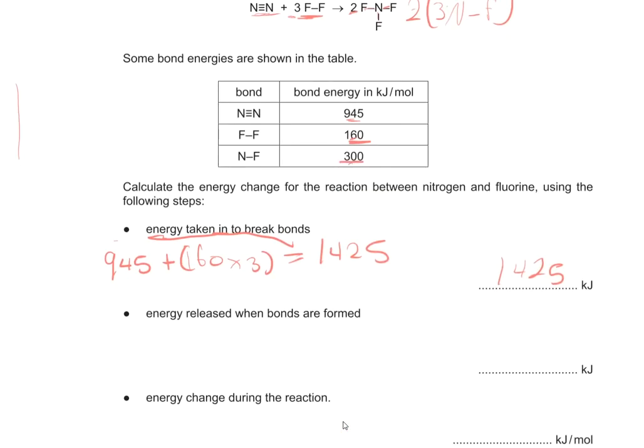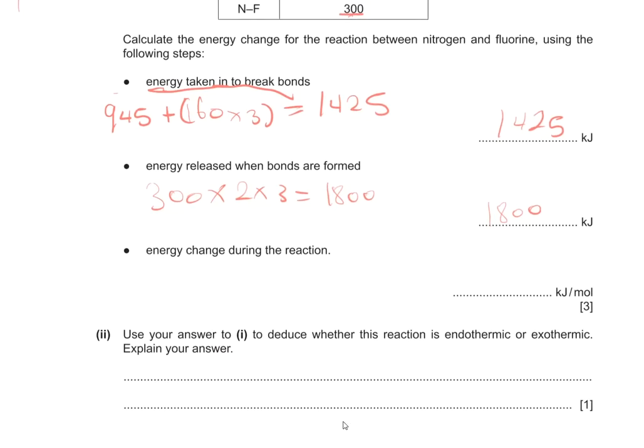Each N-F bond is 300, so 300 multiplied by 2 by 3, that gives us 1800 kilojoules.